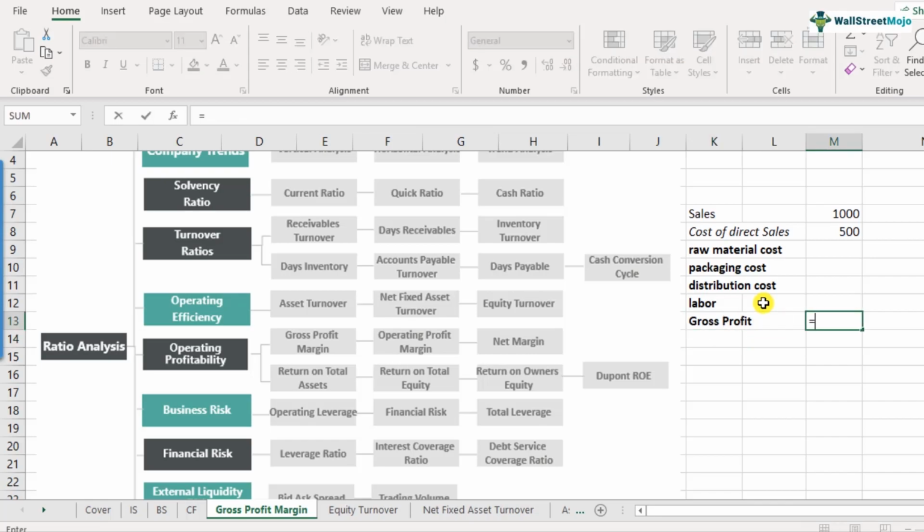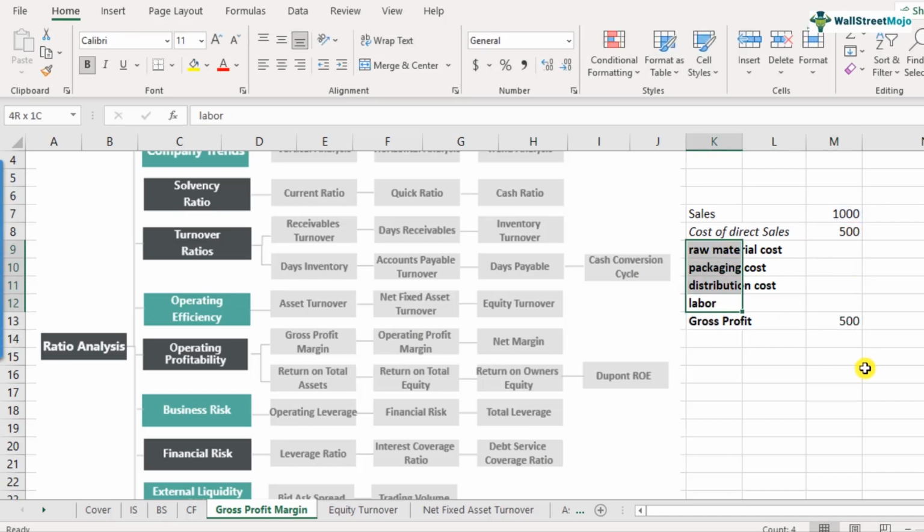That will come out to be 1,000 minus 500, which is 500. Any direct cost needs to be deducted, and that is called the cost of direct sales. We also call this cost of goods sold, COGS.